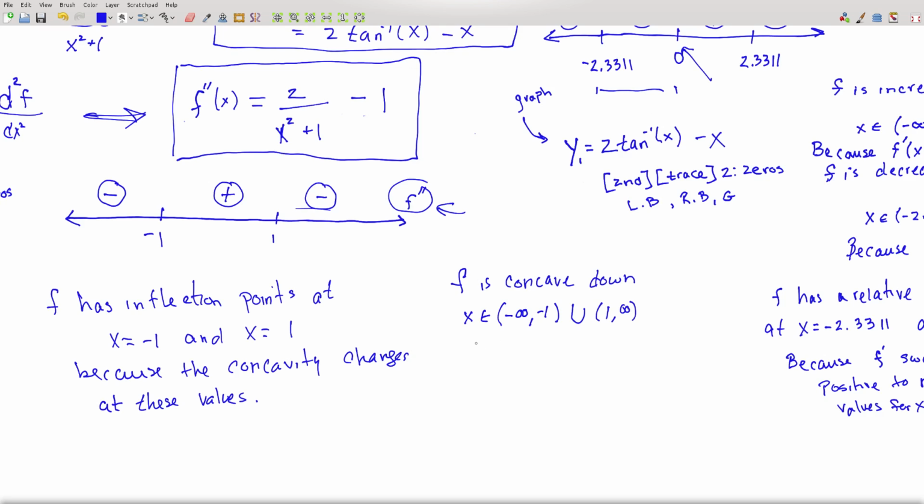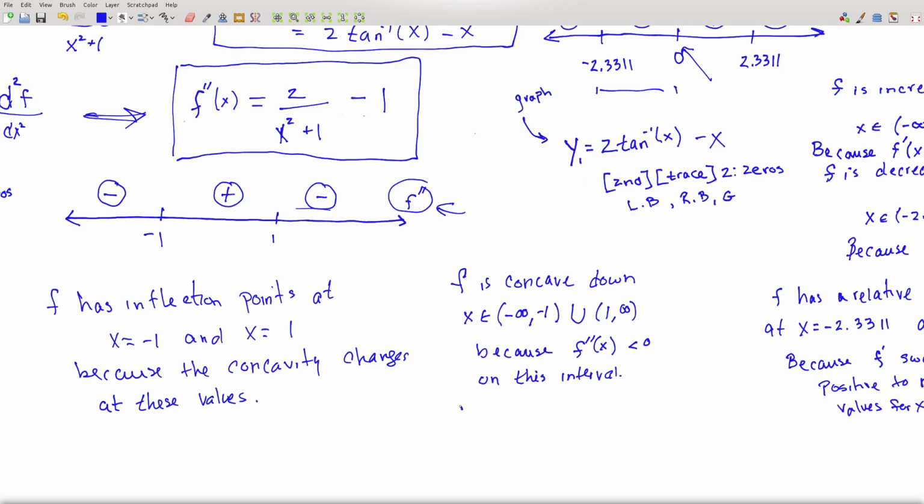And the reason why is because on these intervals the second derivative is less than 0.